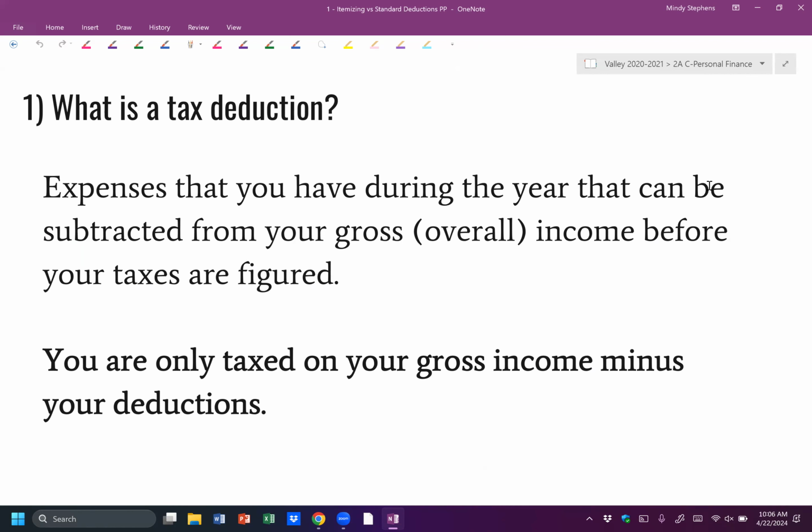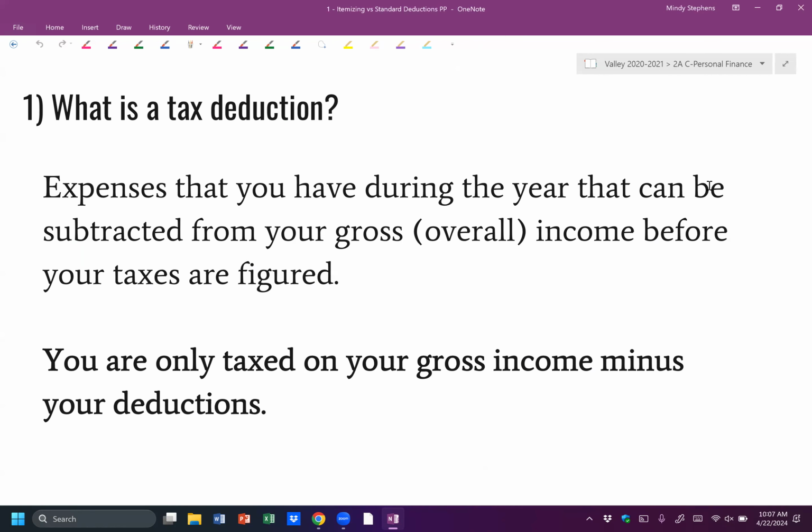All right, so the word deduction means subtracted out, or we're taking money out. Let's talk about that again. You have the amount of money you made, which is called your gross income, the total amount of money before anything was subtracted. Then you have what's called a tax deduction, which reduces that. We subtract the tax deduction, and whatever's left, that's what you're going to pay tax on.